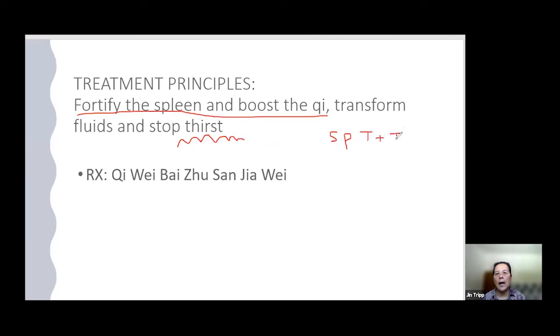They drink a lot, but they do not truly send body fluid to our body. So that's why patients drink a lot, still thirsty, still drinking, but the body doesn't have enough nourishment. So we tonify spleen function and make the transporting and transforming work, then the thirst stops.